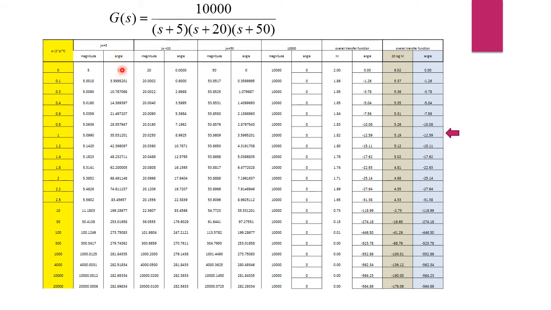The angle is basically the arctangent of the complex component divided by the real component, right? So if I have to summarize, for each value of omega, at each term, you have to find two things: magnitude and angle.